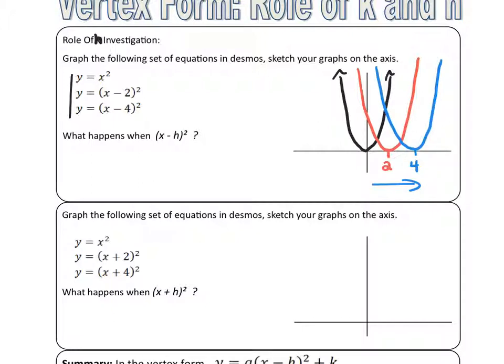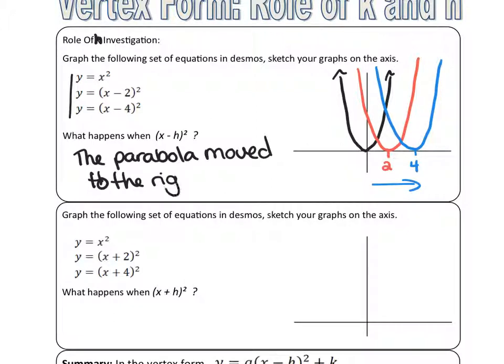So what you could say here is that the parabola moved to the right. Now, the one thing I want you guys to make note of is that in this case it's a minus h, so it makes you think that it's going to be minus and move to the left, but it actually doesn't. It moves to the right.